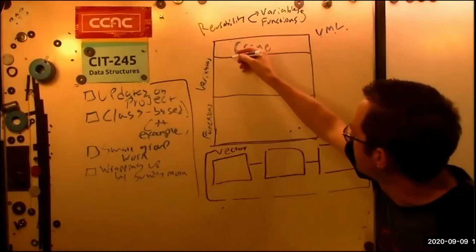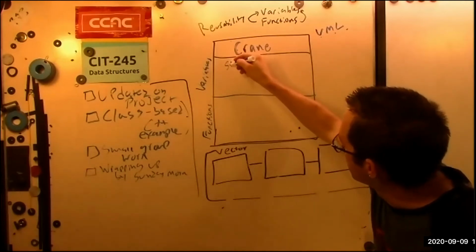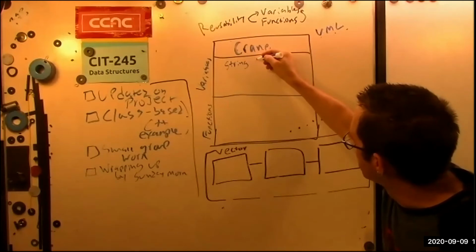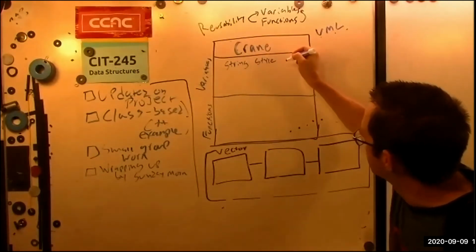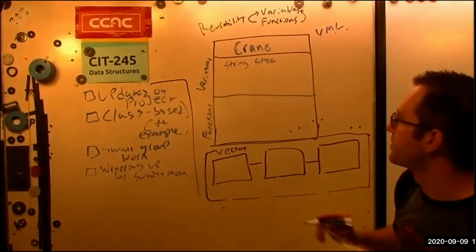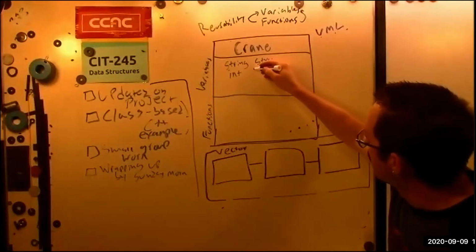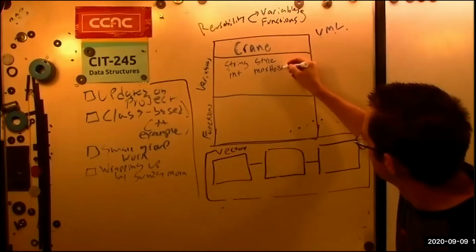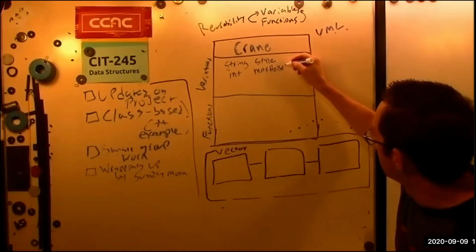So for a crane, we could start by saying, we could have a string called style of crane. There are a bunch of different ways you can build a crane. We could store a numeric value of max hoist weight.